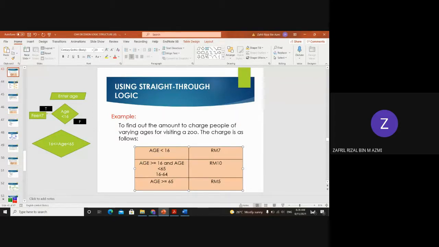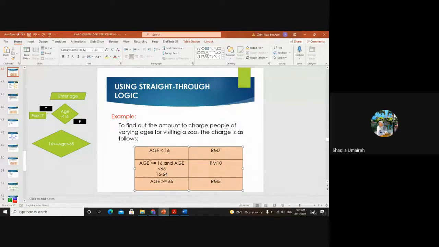It is given to you like this, so you need to create the expression. In this case, it is in between 16 and 64. So how do you write down the expression in between 16 and 64? Like this. This means that it is in between 16 and 64. You get this, guys?